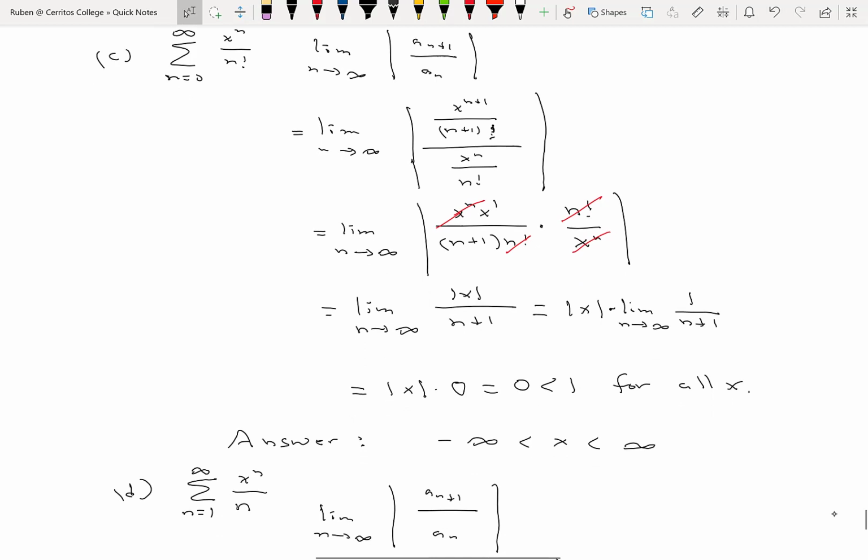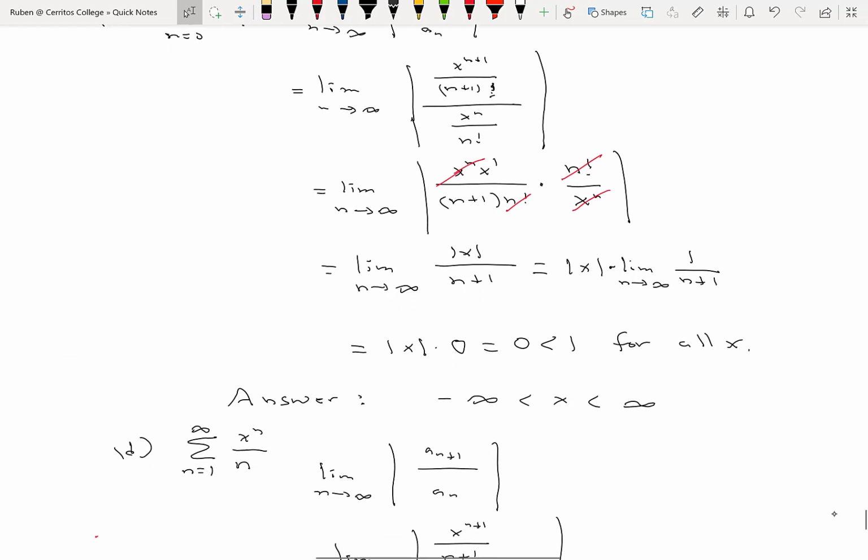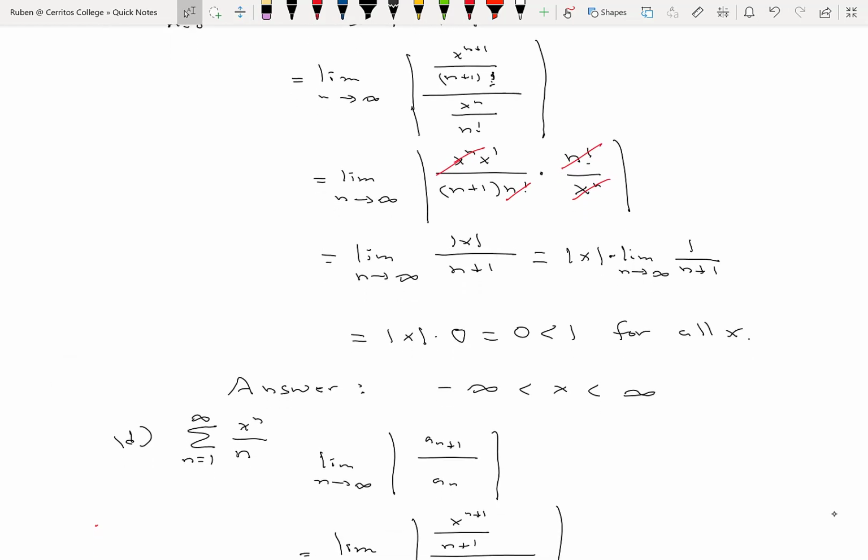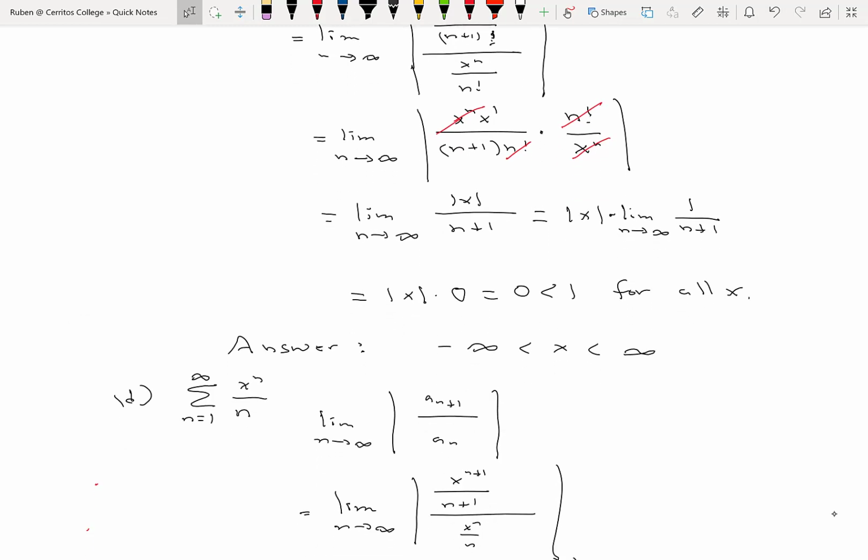So we're going to compute the limit as n approaches infinity of a sub n plus 1 over a sub n in absolute value. Okay, if we substitute n plus 1, we get x to the n plus 1 over n plus 1. No factorials this time. And then divide by a sub n, x to the n over n.